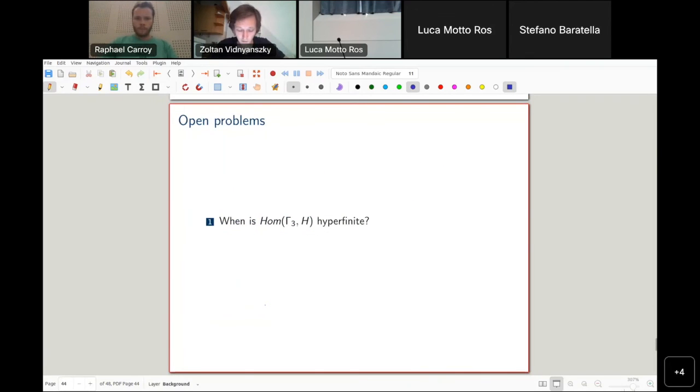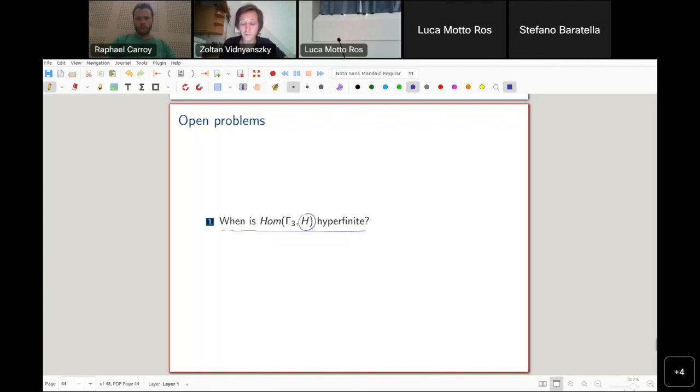Okay, and let me finish with some open problems. First of all, this is connected to homomorphism graphs. I think this is for me one of the most important open problems right now: we want to understand what properties of H could guarantee that the homomorphism graph is hyperfinite.